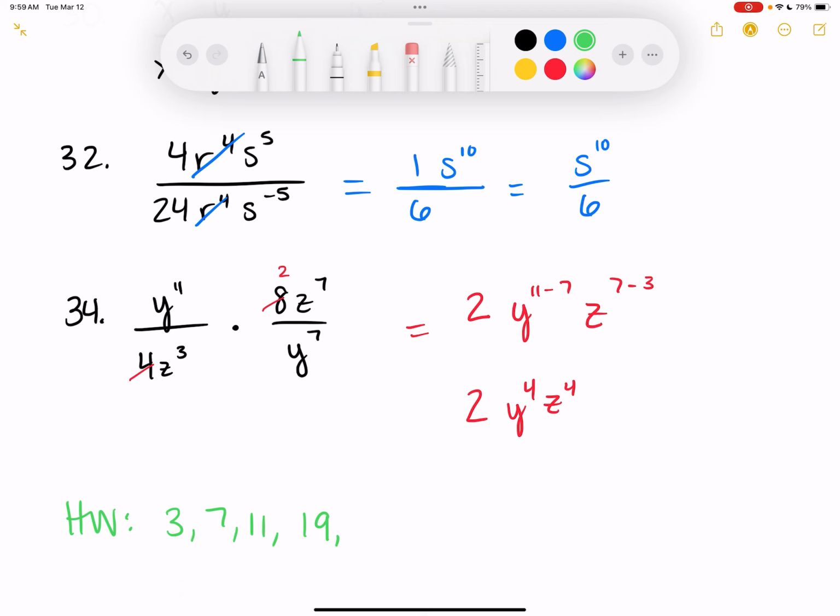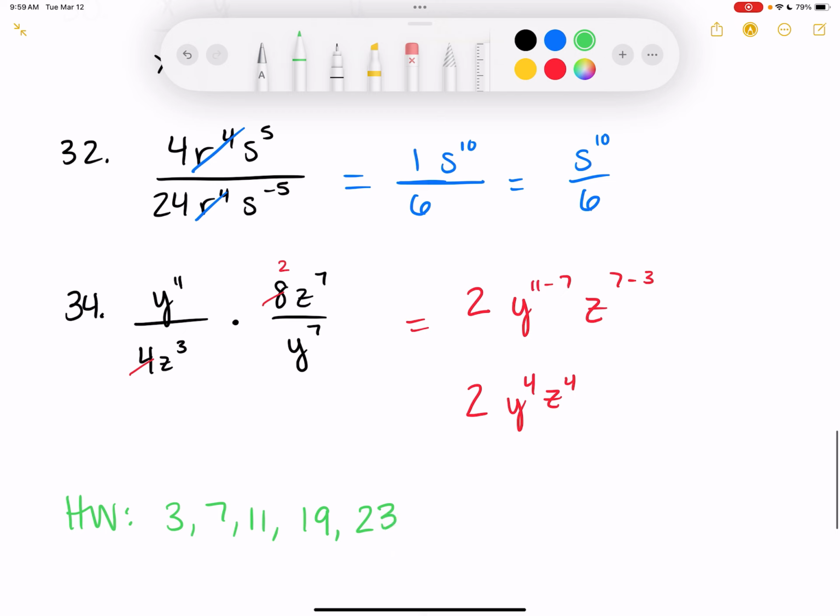Now, 19 is a scientific notation problem that's a little different than the other ones that we had, because it's a number written in scientific notation raised to a power, so that power's got to go on both pieces of that, just so you know. 23 combines the multiplying and the dividing of scientific notation, so that one's going to be a little harder, so if you have questions about it, just ask, after everyone's done it. We can go over it tomorrow or something if there's an issue. And then 25, 31, and 35 of the variable ones.